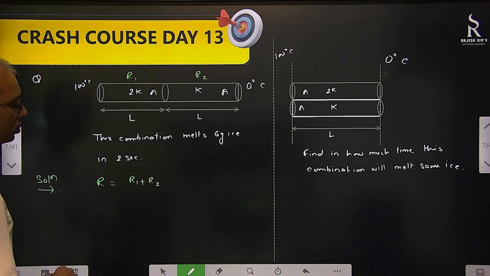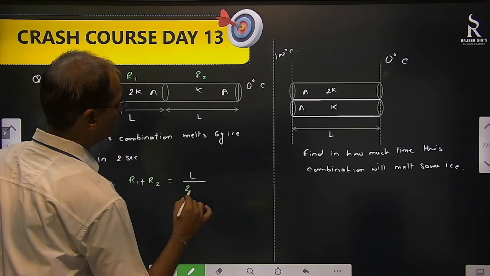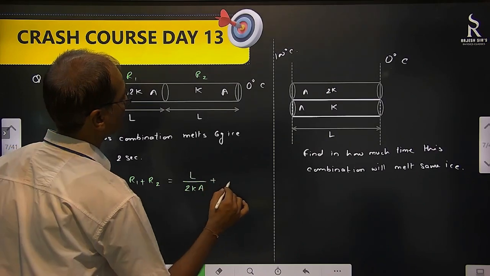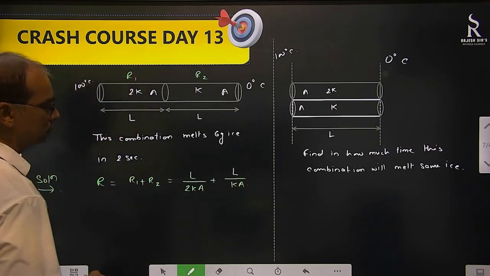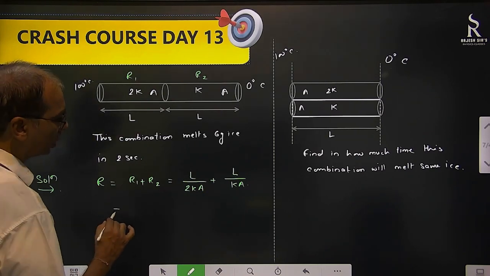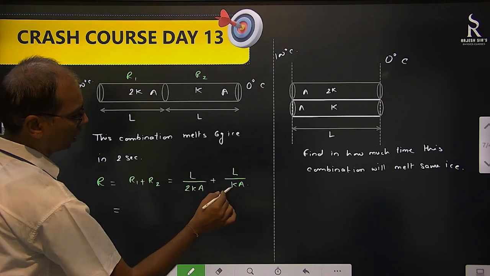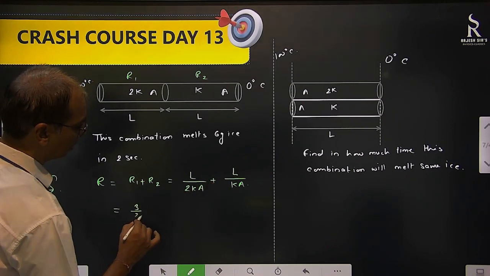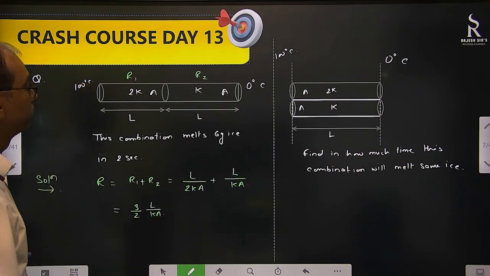R1 is L by 2Ka plus L by Ka. So what we are getting here is L by K, if you take common, 1 by 2 plus 1, that is 3 by 2. So 3 by 2 L by K is the resistance.